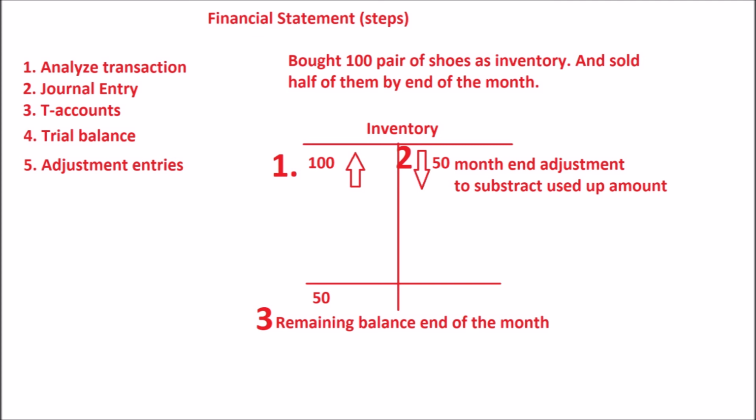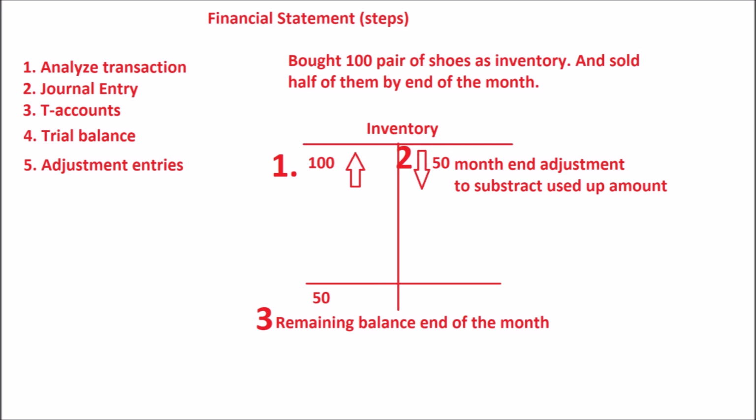So at the end of the accounting period, or end of the month, basically you have to count those 50 that have already been sold. And if you have 100 pairs of shoes in your inventory, basically you have to subtract the 50 shoes that you have already sold off, and that will be your adjusted balance.